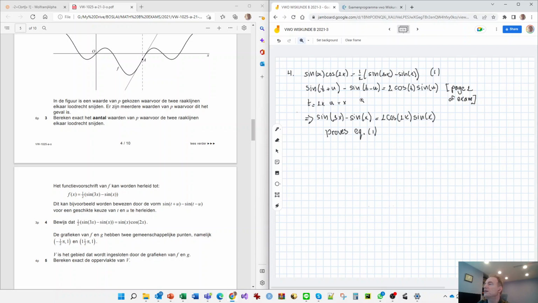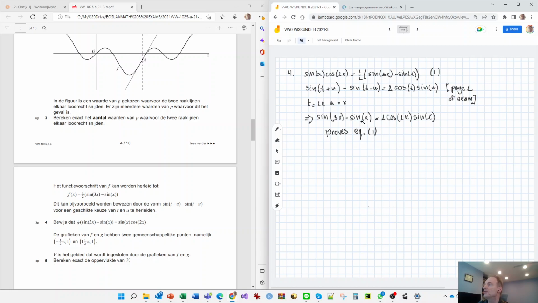And this equation is always true, in particular, if I use these values. So just substitute them. T plus u is 3x, so I get sine 3x, and t minus u is 2x minus x is x.